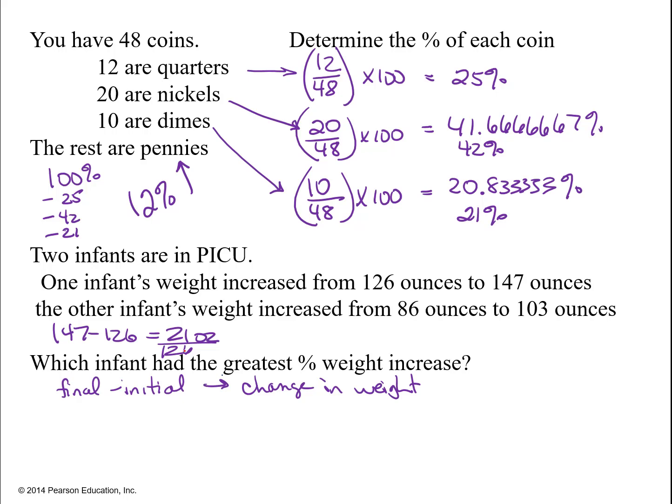So I would take 21 ounces divided by 126. That gives me a fraction, times 100 puts it in a percent. It would be rounded to 17 because of the first change of 21. So I'd round that to 17%.